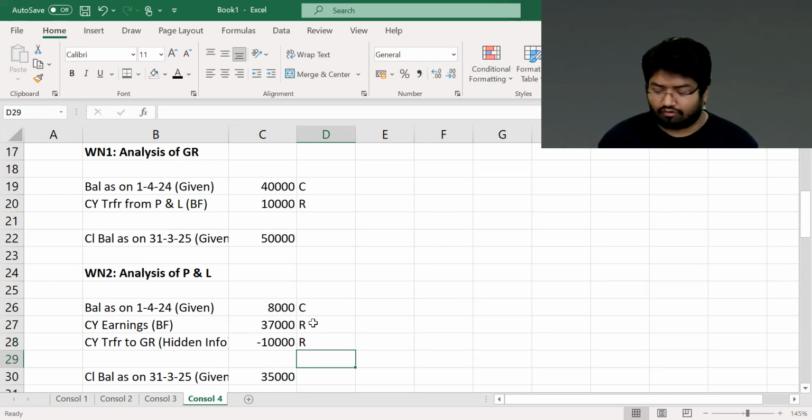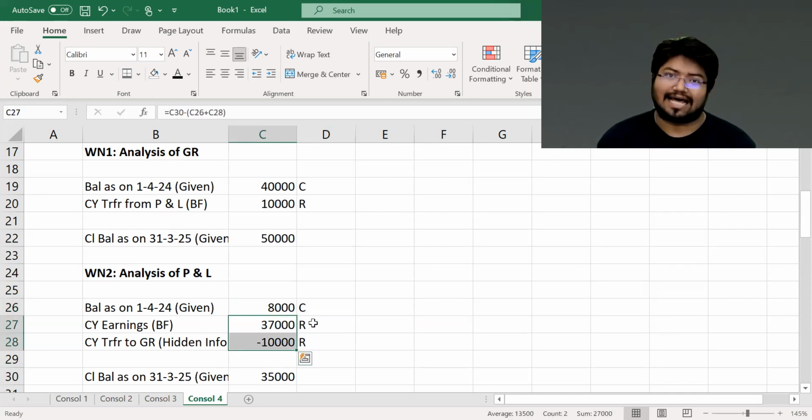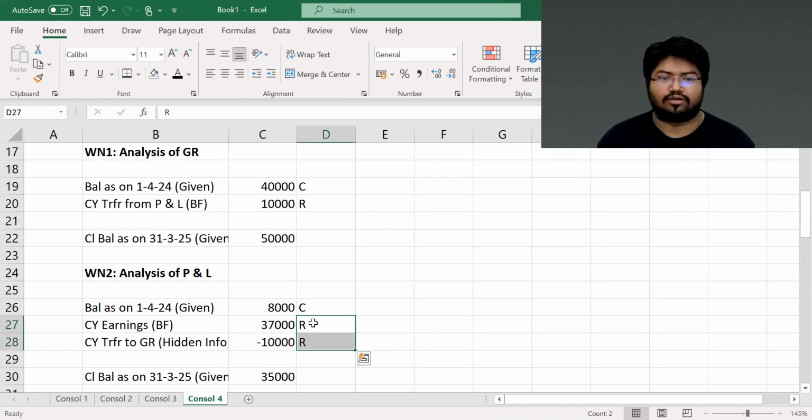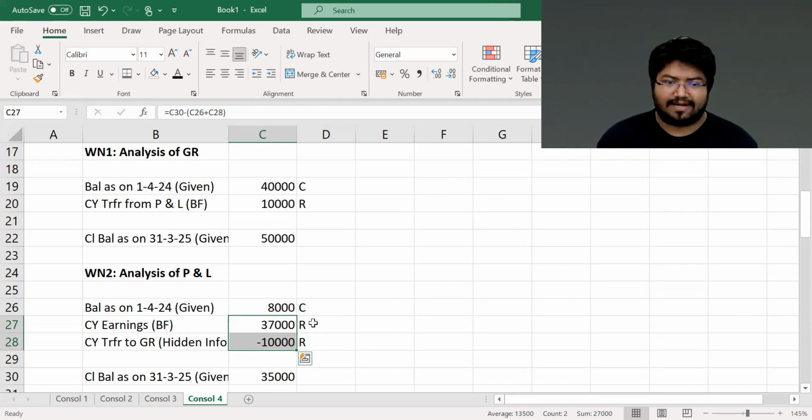Now, what you would do is take 8,000 on C side and take net of these two on R side, because both are R only. Hence, net of these two, 27,000 you will take on R side. Is that clear, everybody? Yes, sir. You are able to follow, or you want me to explain this once again? Sir, 37,000.